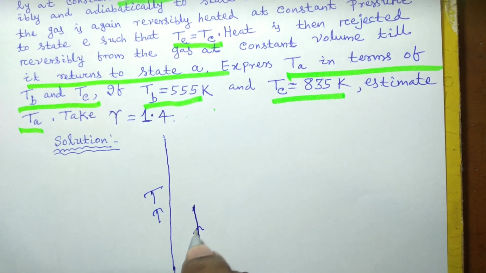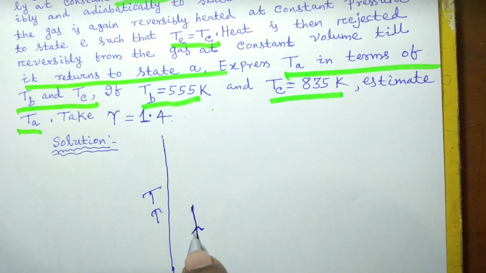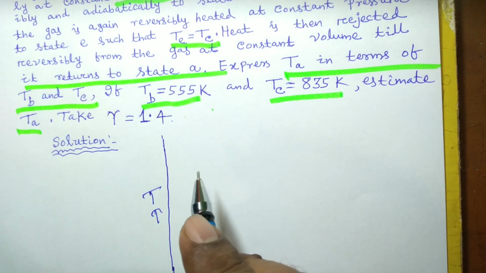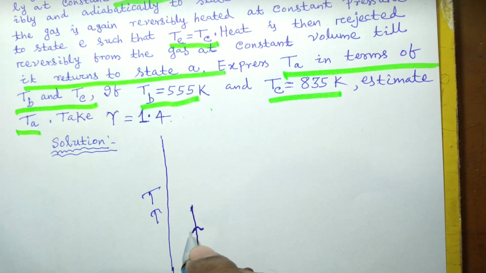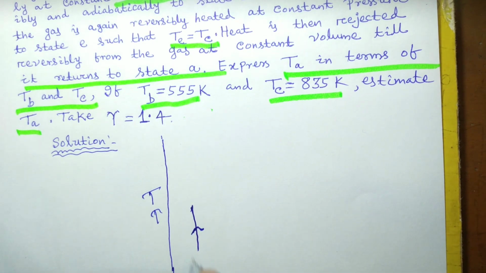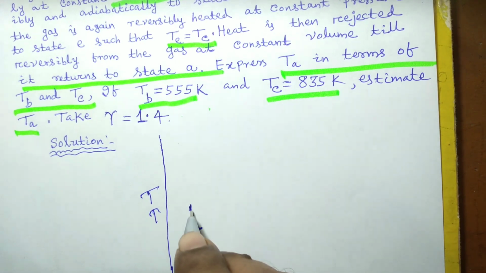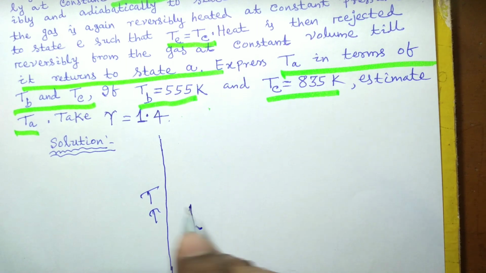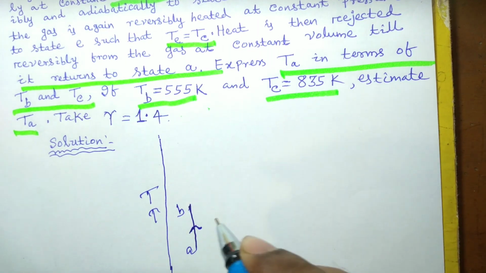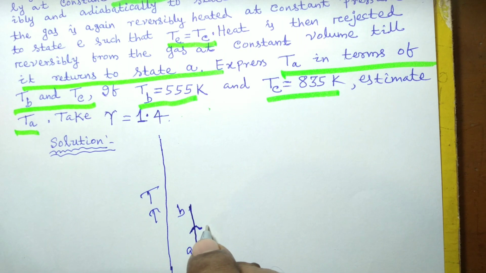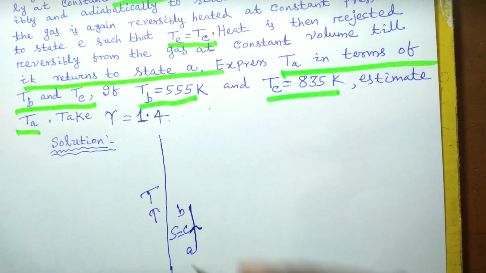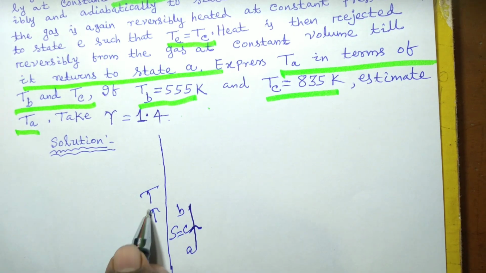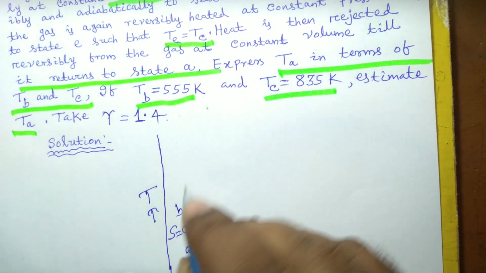So during this process the entropy remains constant. Any process which is reversible and adiabatic is an isentropic process. So the process will be a vertical line on the Ts diagram. This is A, this is B, and this is the entropy equal to constant line. Since this is the entropy axis and this is the temperature axis, this has to be a vertical line.